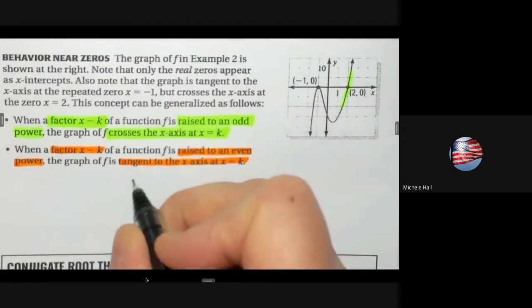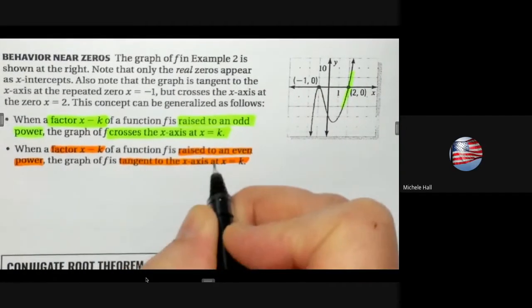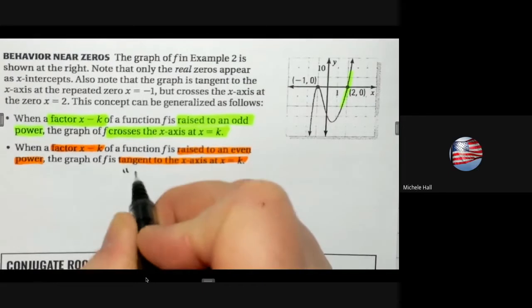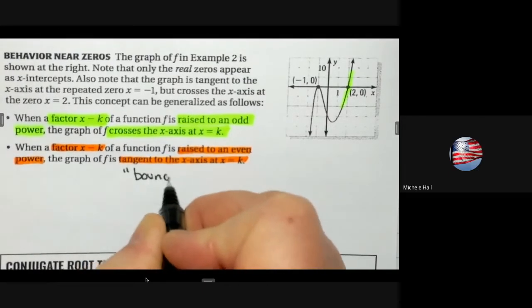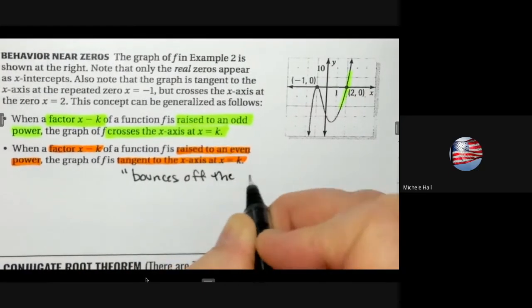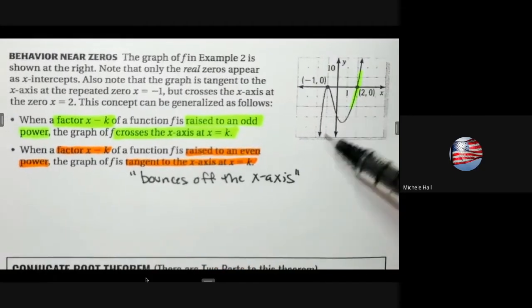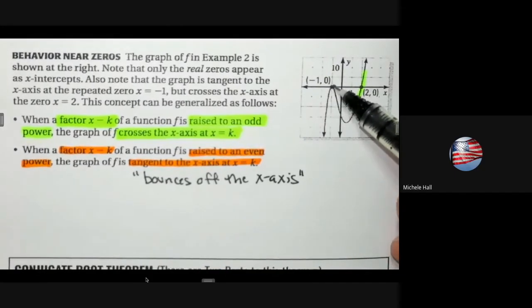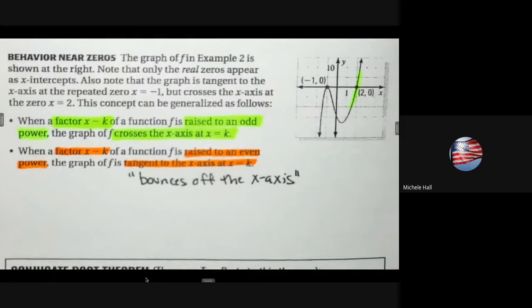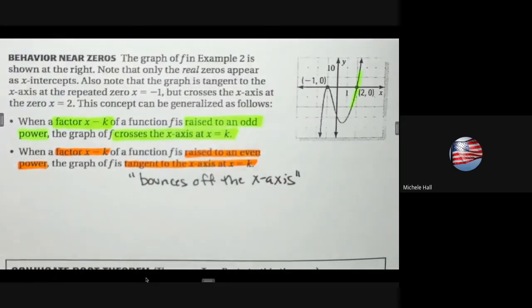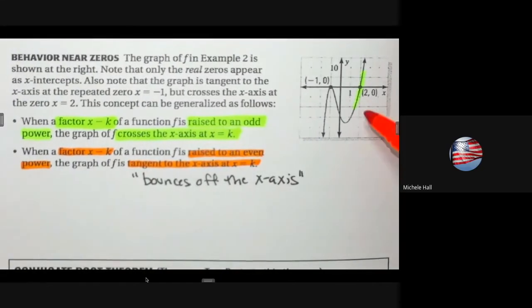Another way that we like to think about the even power is that it bounces off the x-axis. It's approaching -1 and then it bounces off and turns and goes back down. That is for an even degree. So an odd degree crosses through the x-axis.